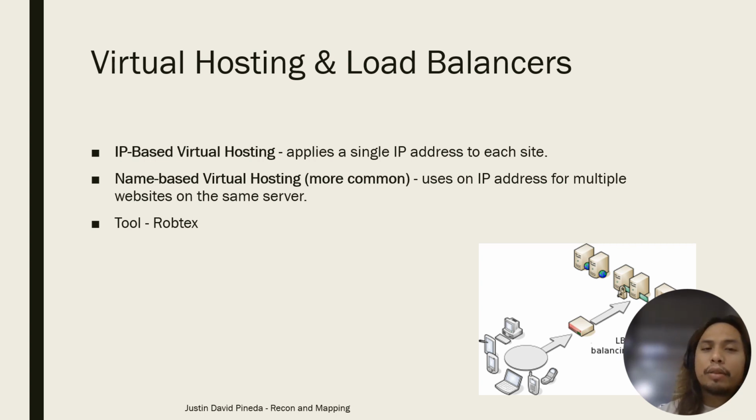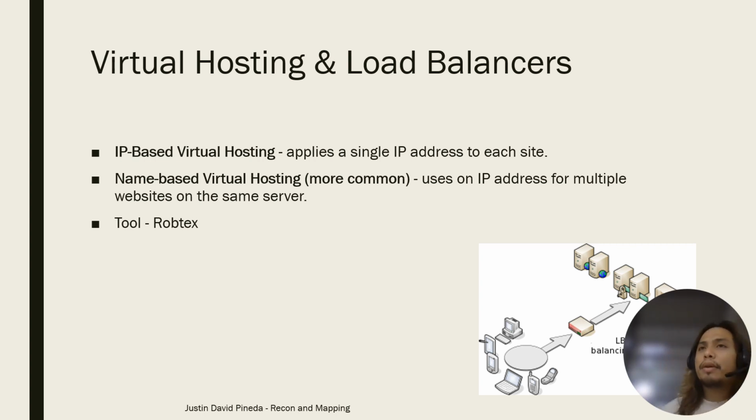Again, there's going to be another session on the tools called RobText. It's an online tool, free for you to use, wherein you type in the IP and it will show you which websites are using this IP.